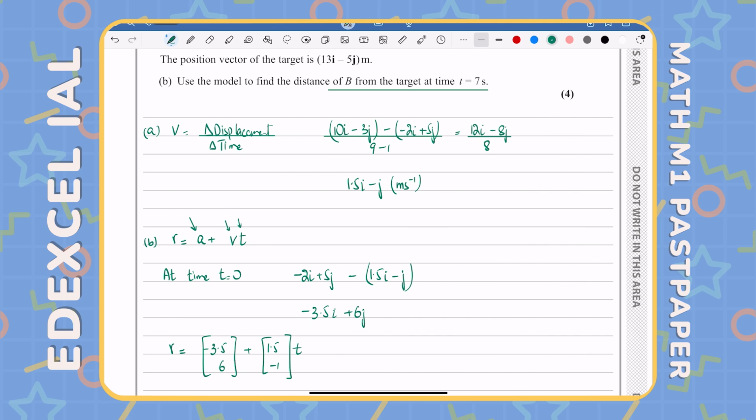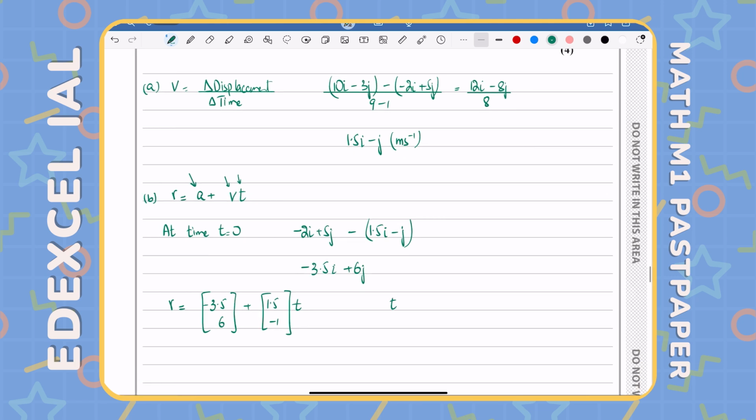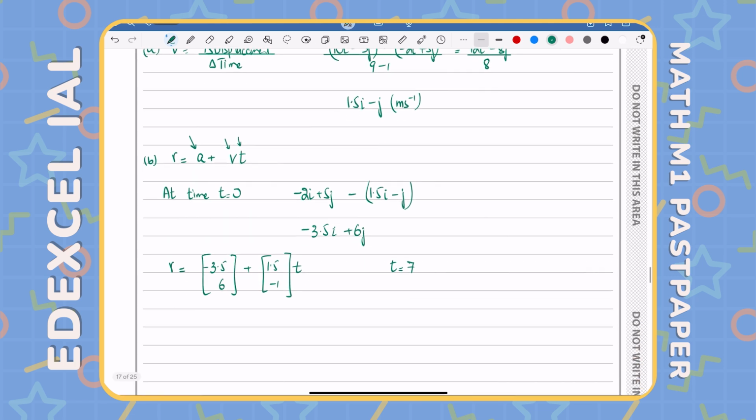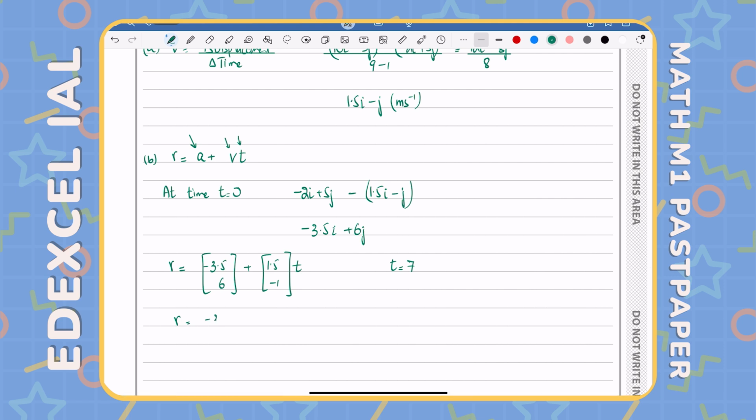So I need to find out exactly where it is at t equals 7, so I'm simply going to plug in 7. Minus 3.5, 6 plus 1.5 times 7. 1.5 times 7 is equal to 10.5, and minus 1 times 7 is minus 7. Let's add them up.